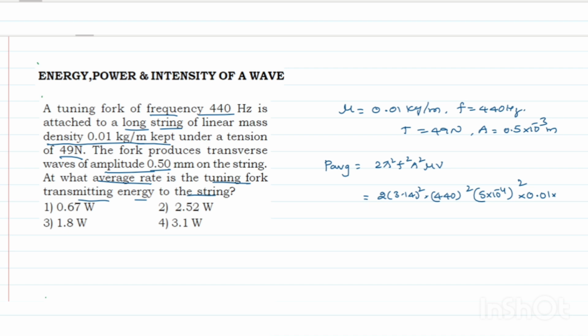The velocity of the transverse wave is v equals root over T by mu, which is equal to tension 49 newtons by mu, the linear mass density 0.01, under root. When you bring this to the numerator, 10 power minus 2 becomes 10 power 2.